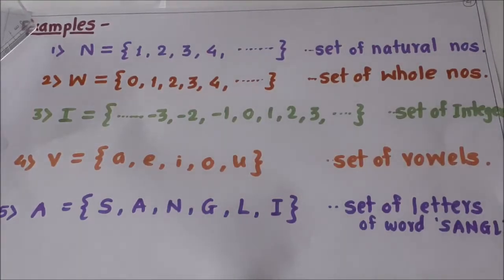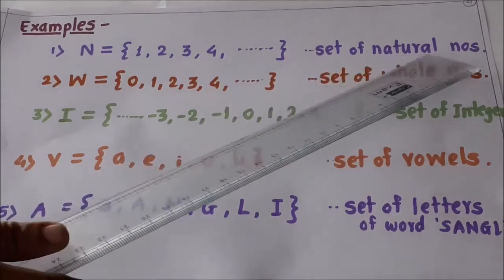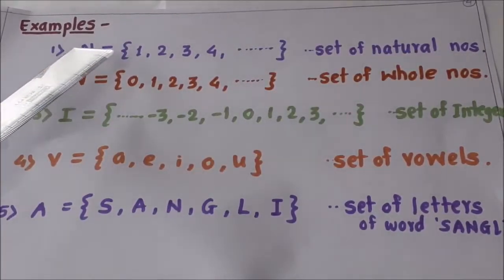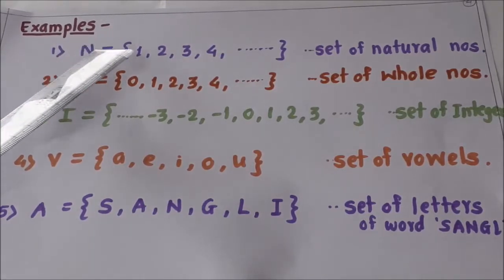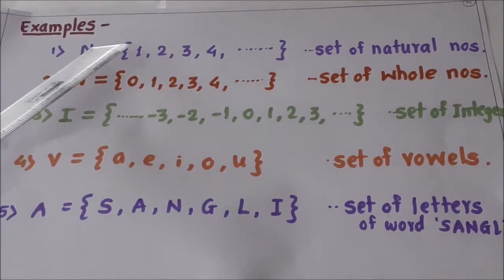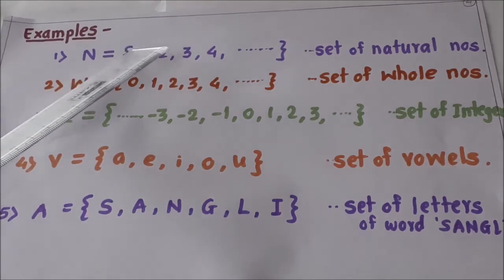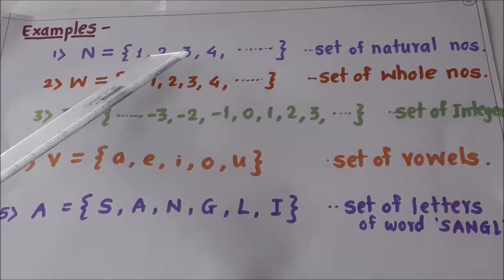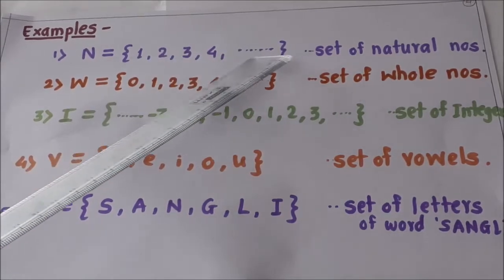Let us see a few examples of sets. First, the set of natural numbers. How do we write the set of natural numbers? Here I used the letter N as the name of the set. So N equals, here I used curly brackets, and natural numbers start from 1. So 1, 2, 3, 4 and so on infinitely.